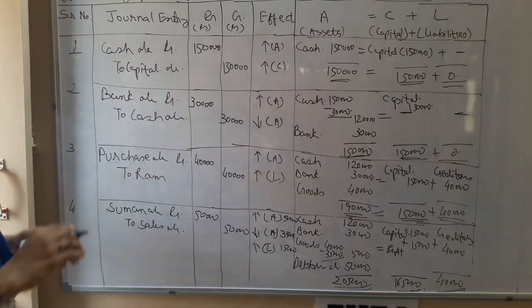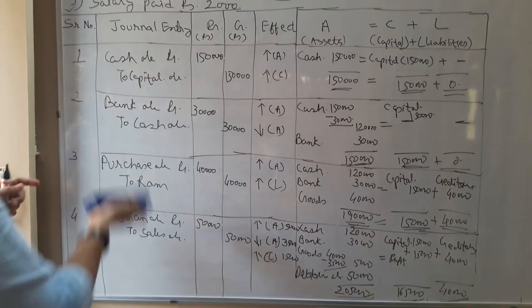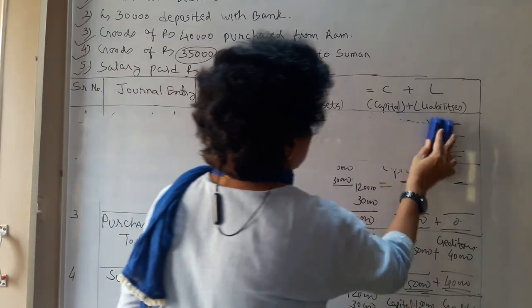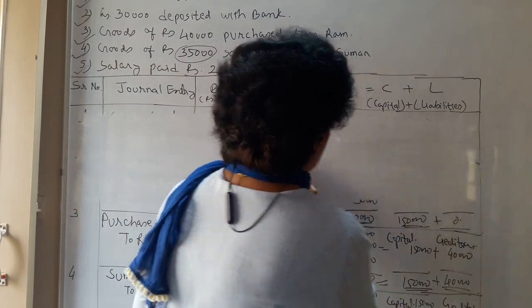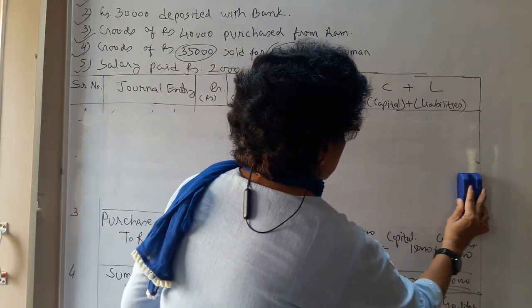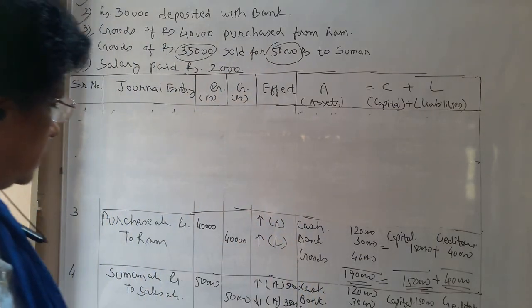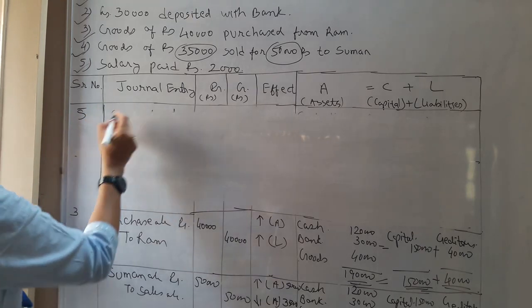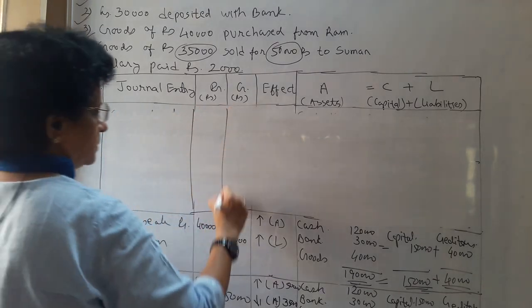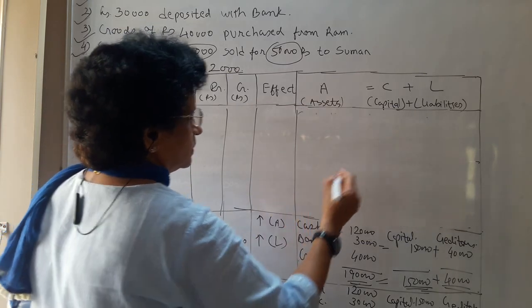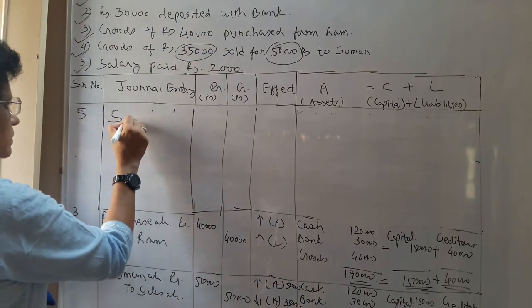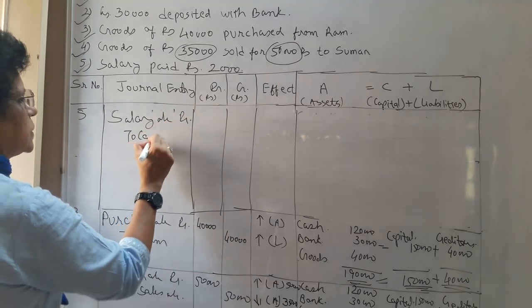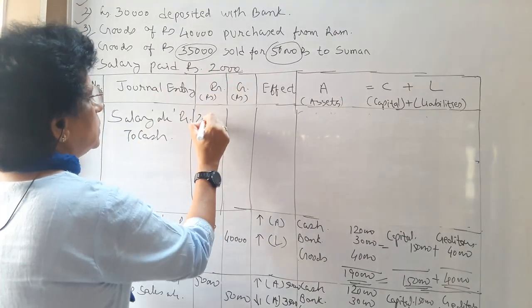Let us take the last one, that is salary paid, number 5. Salary paid: salary account debit to cash, amount rupees 2,000.